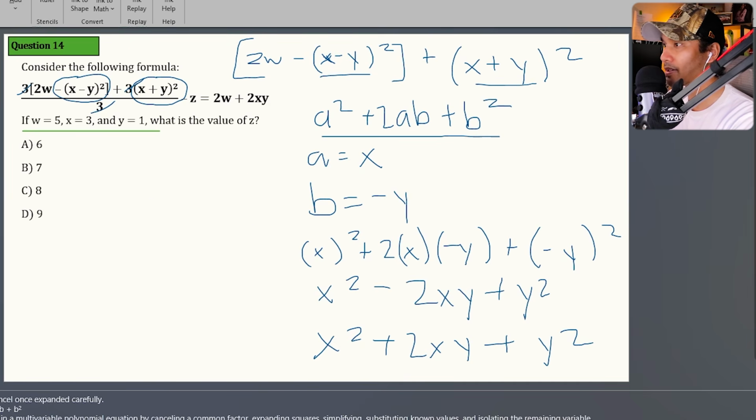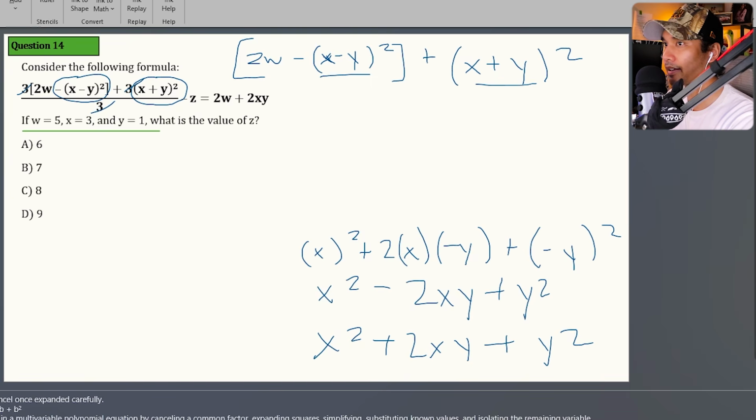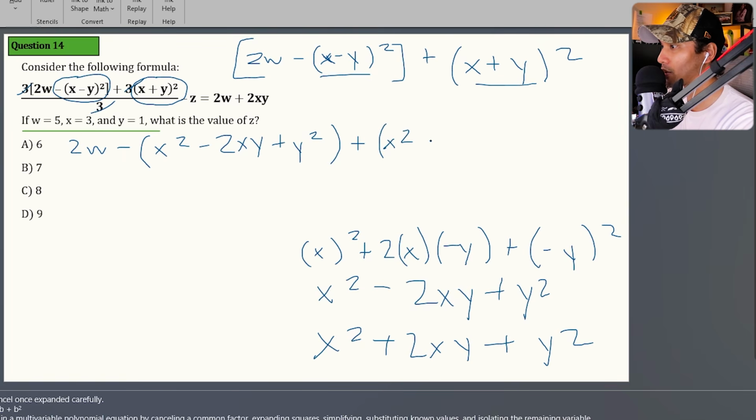That's why it's a monster, because there's so much to write. Let me go ahead and expand these. I'm going to start from 2w minus, and I'll put this in parentheses because I want to distribute that negative: x squared minus 2xy plus y squared, plus, in parentheses, x squared plus 2xy plus y squared.